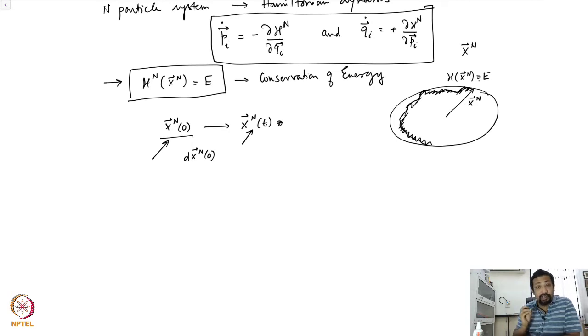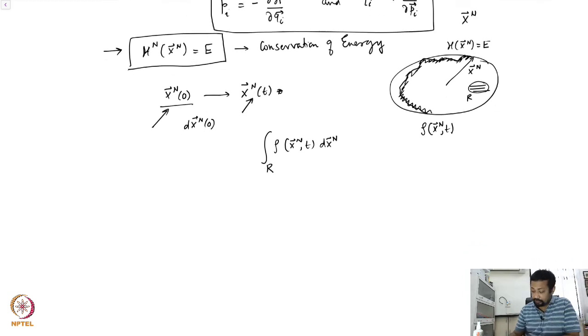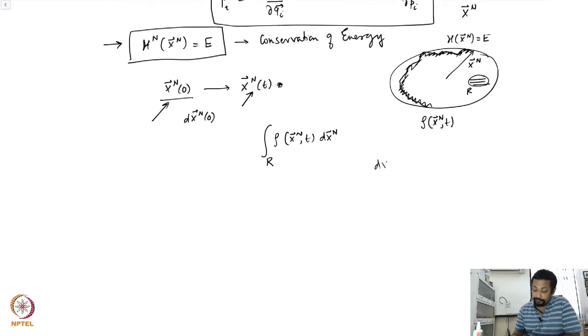And since I have a continuum of state points like a fluid, we have defined this rho of xn, t, so that the probability of finding the system within a region R is the integral over R of rho of xn comma t dxn, where the measure dxn is dqi dpi.